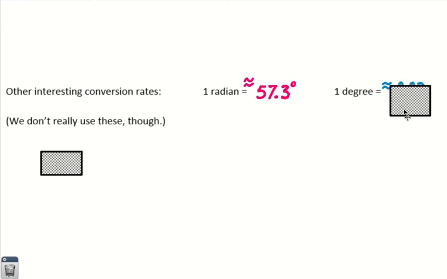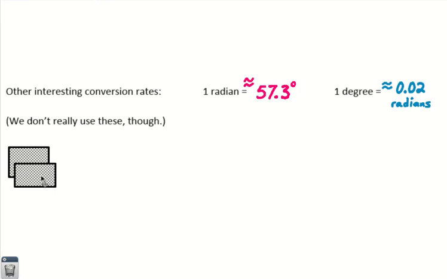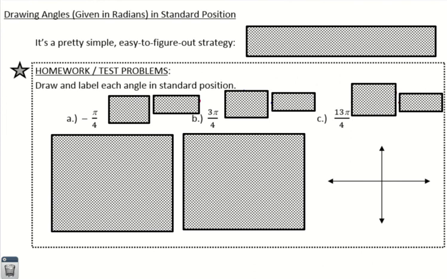We don't really use them, but just to make you aware: 1 radian is about 57.3 degrees. Well, 1 degree is approximately 0.02 radians, 2/100ths of a radian. Crazy. But again, 180 degrees being the same as pi radians, that's our big conversion ratio, okay?